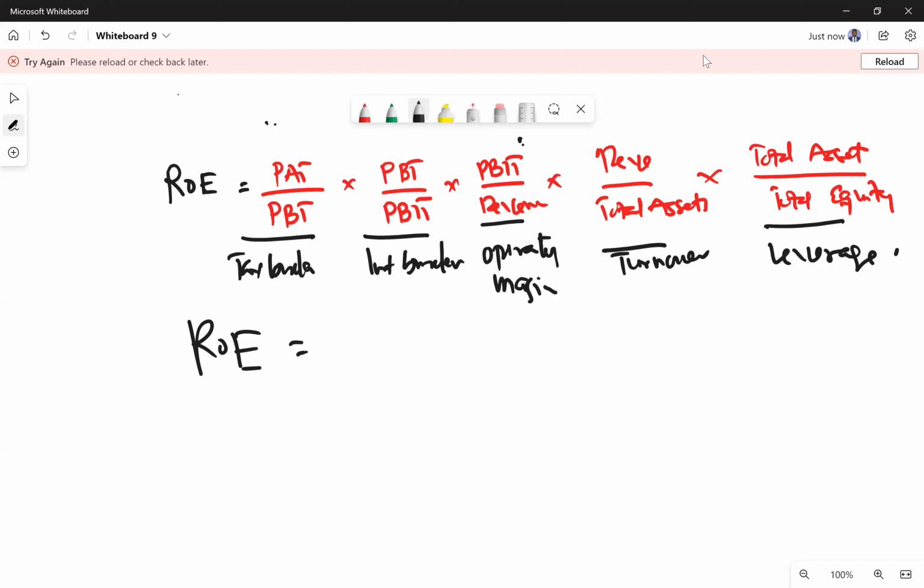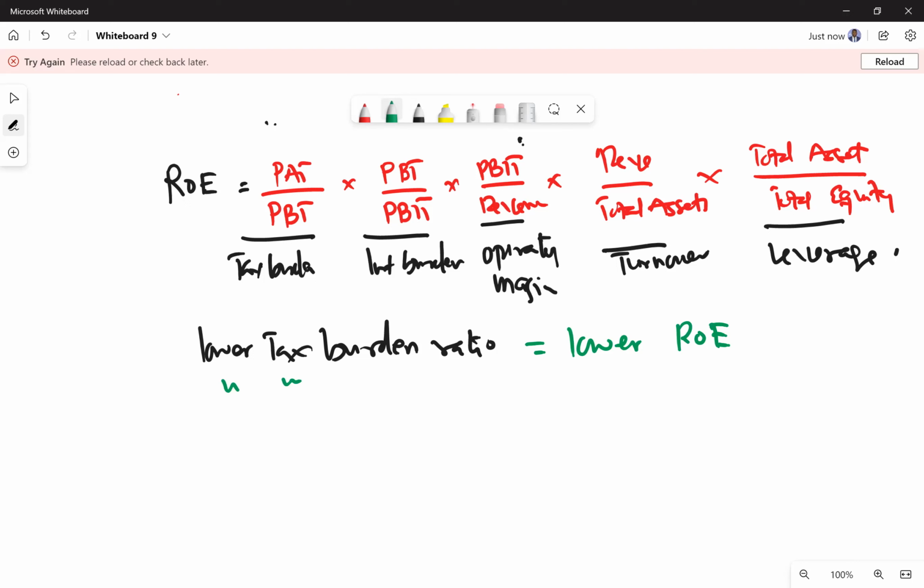Okay. So I was trying to use an example to explain to you. Tax burden increases when the ratio is lower. So a lower tax burden ratio means lower return on equity.